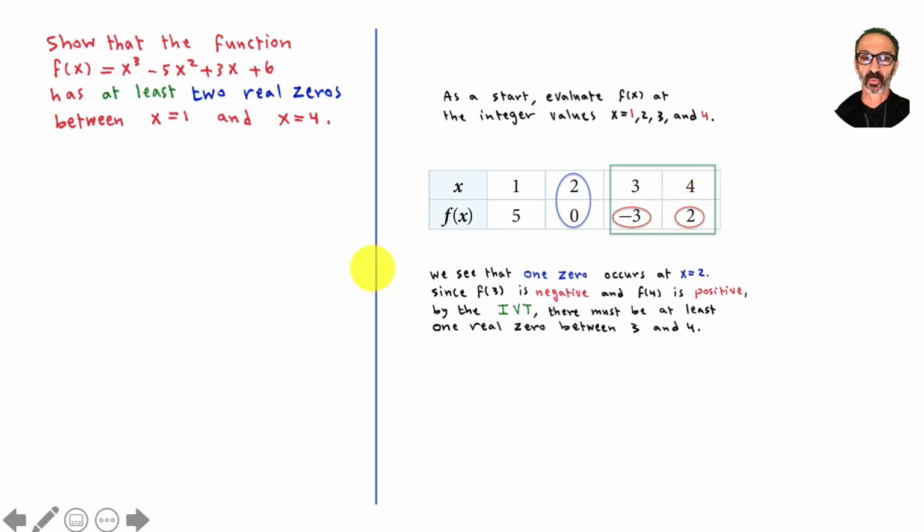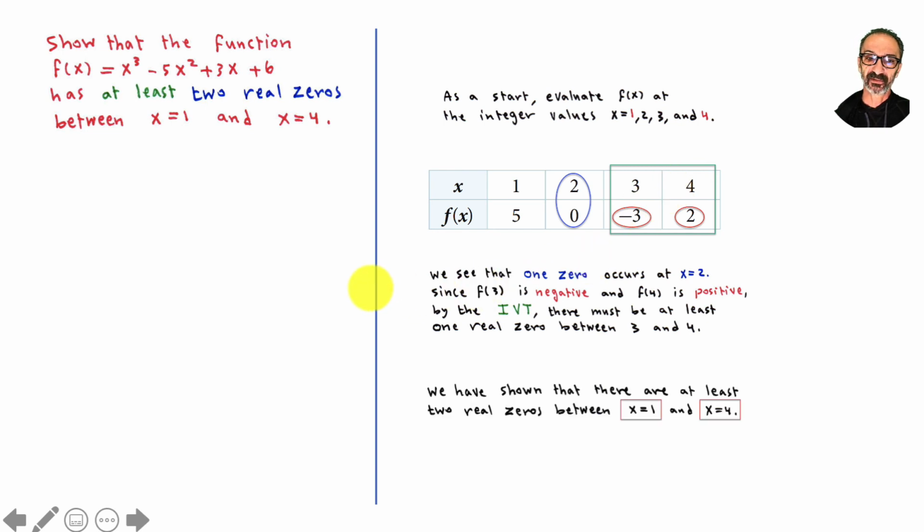So we see that one zero occurs at x equals 2. Since f of 3 is negative right here, and f of 4 is positive, by the intermediate value theorem, there must be at least one real zero between 3 and 4. Now you have it. One is at 2 exactly, and one lives between 3 and 4.